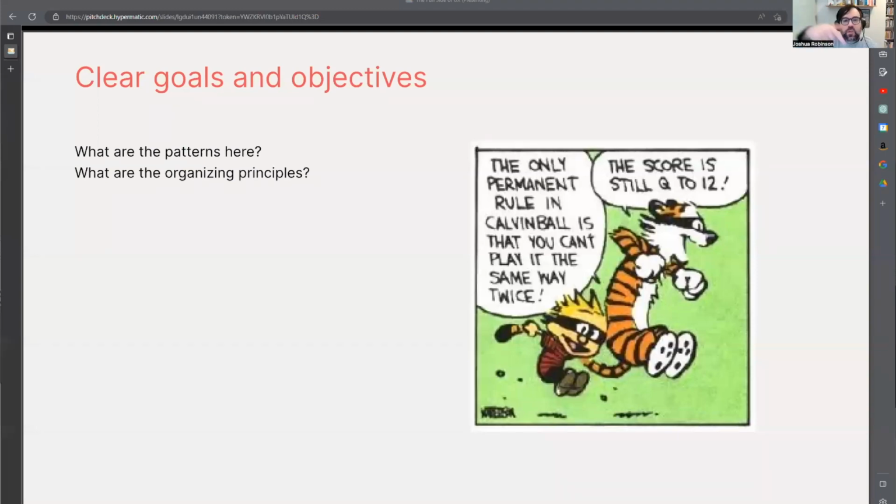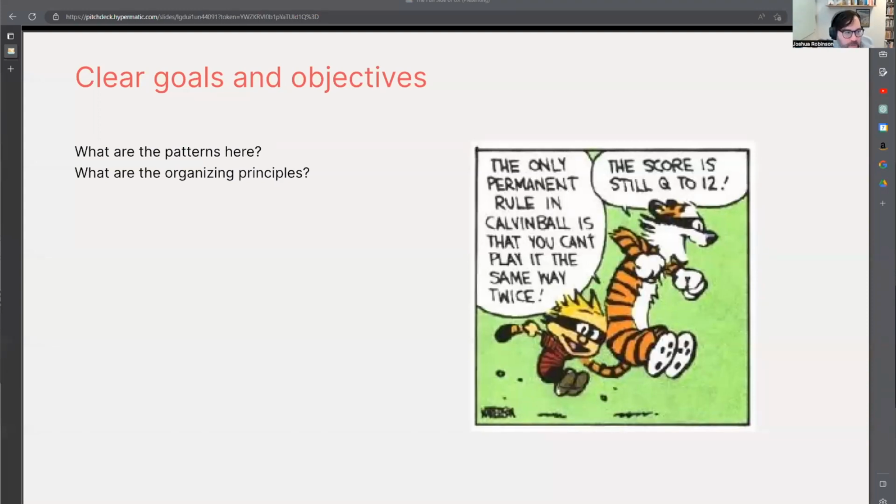Now, the goals can be short-term, right? Like solving a small puzzle or reaching a checkpoint in a game, or it could be a long-term goal: completing the entire game, getting up to a specific skill level, or completing a presentation to give.